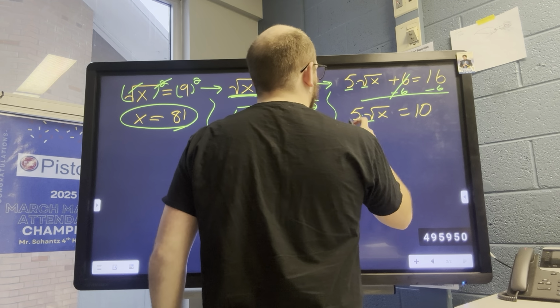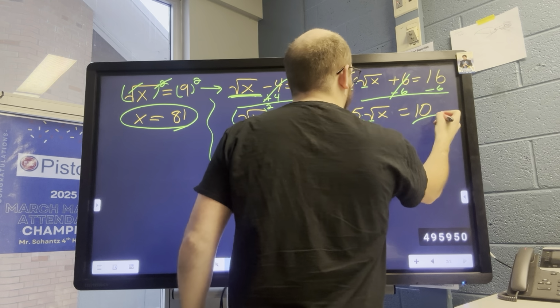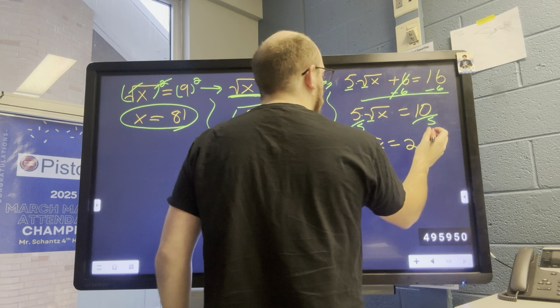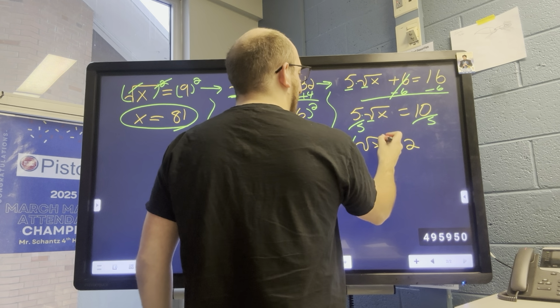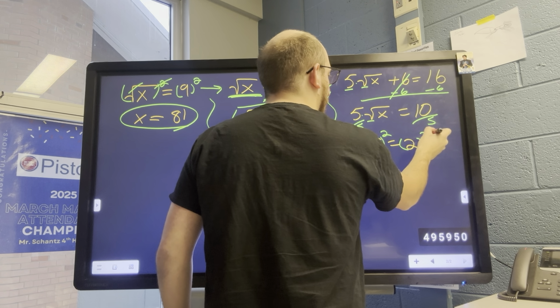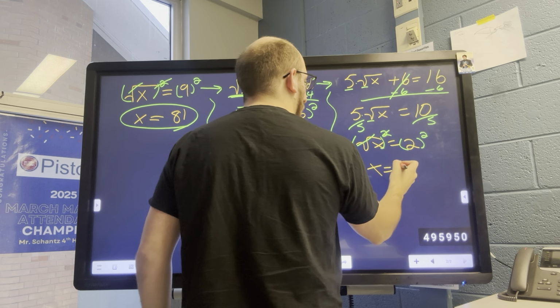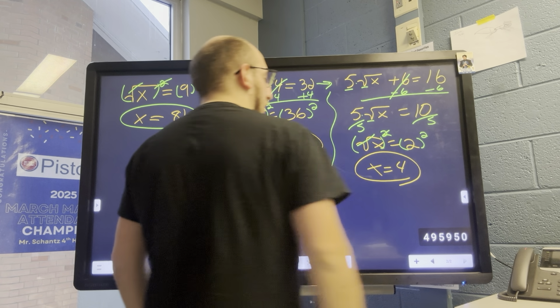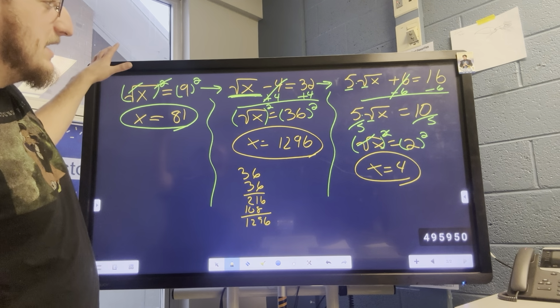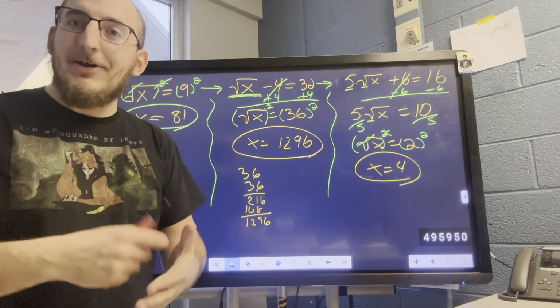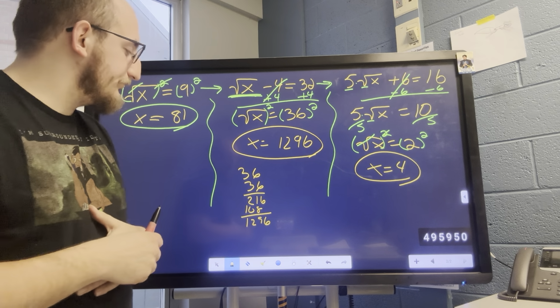So we're going to divide by 5 to get that by itself. We get root x equals 2. And then how do we get that root sign away? We do a square. There's our answer. As you can see, it gets a little bit harder as we go through, but that's what math is. It builds off your prior knowledge.